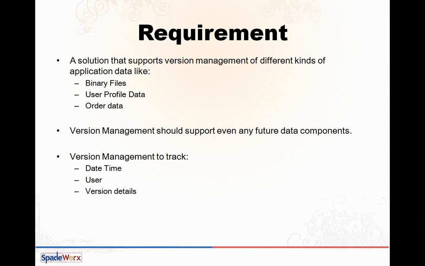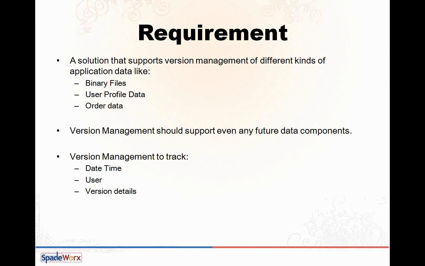Also, the system to be developed should be such that any future components such as structured data and .NET objects or files of different formats that need to be added can be easily added to the version management system.